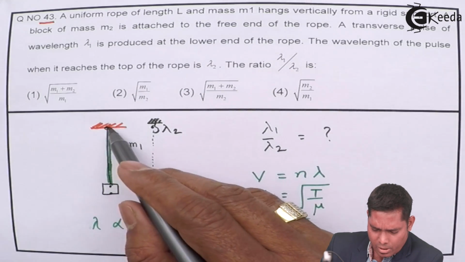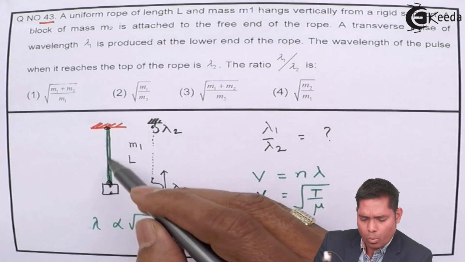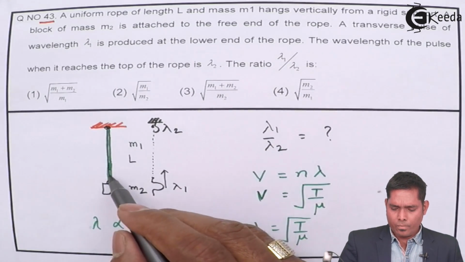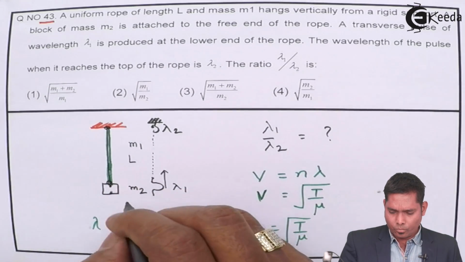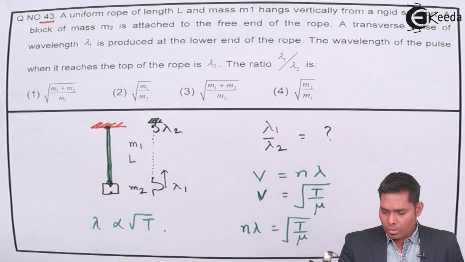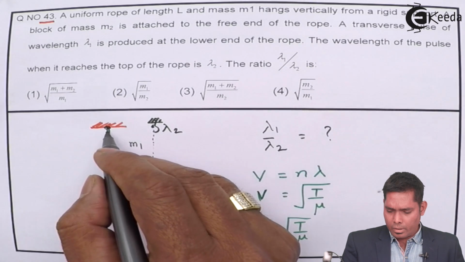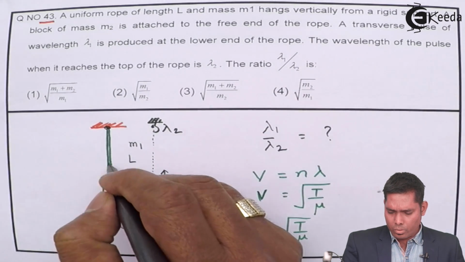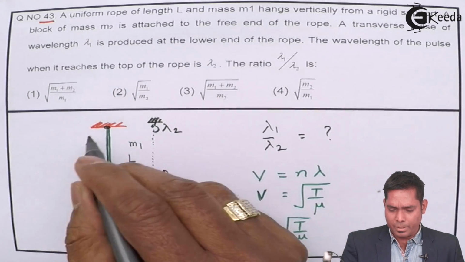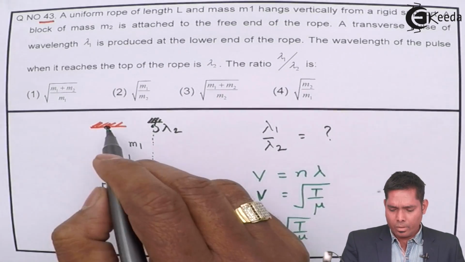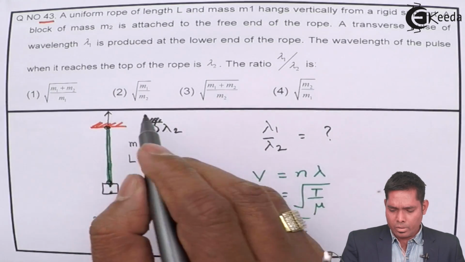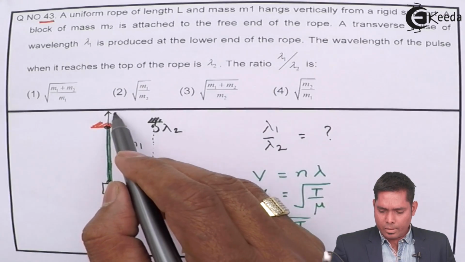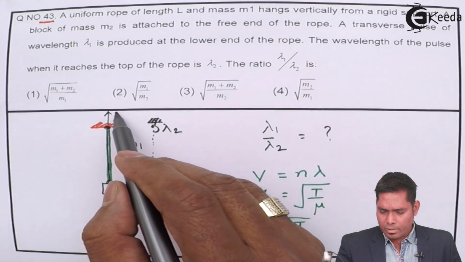At the upper point of the rope, the tension is due to the whole mass suspended below it.